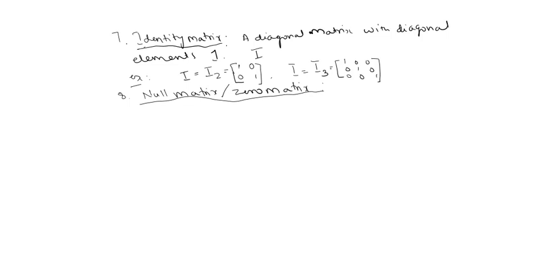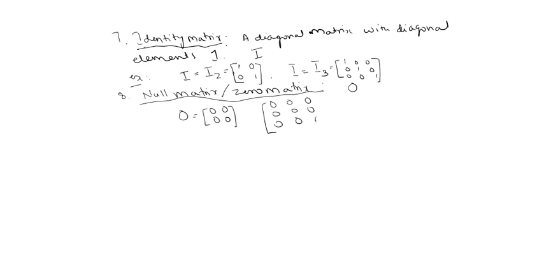Generally it is denoted by the capital letter O. We can write O equal to 0 0, 0 0, which is 2 by 2. Similarly we can have 3 by 3, 4 by 4, etc. These are the null matrices.